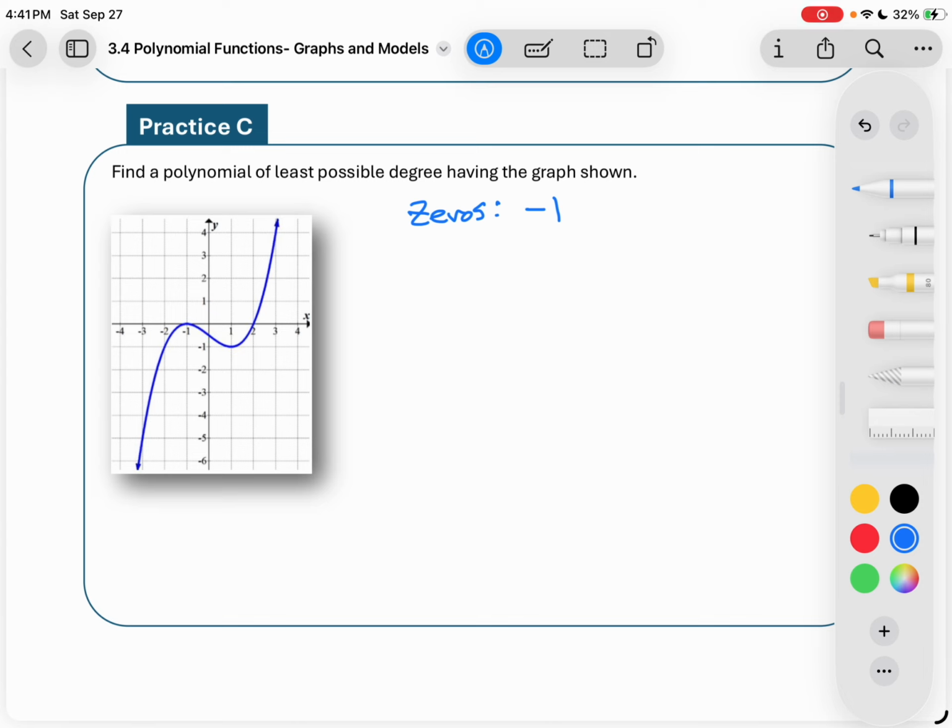It is a tangent point, so it's got to have even multiplicity. Now, because it says polynomial of least possible degree, we're going to make it multiplicity 2. It could be 4, it could be 6, but they're asking for a polynomial of least possible degree. So we know it has to be an even multiplicity, and the smallest even number is 2. So -1, multiplicity 2, and then another 0 at 2.